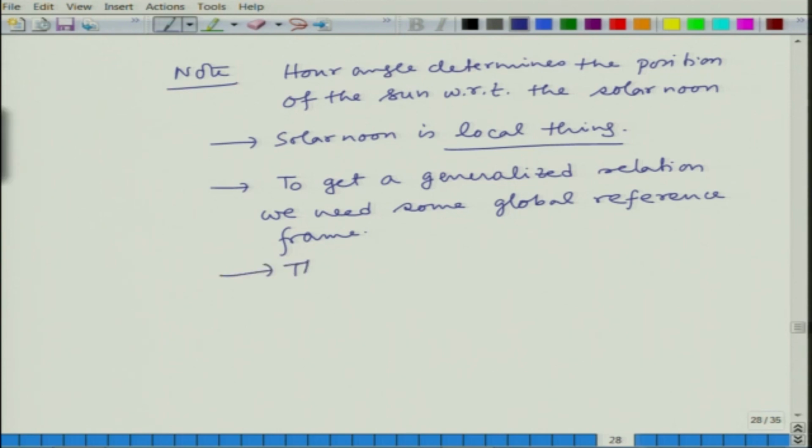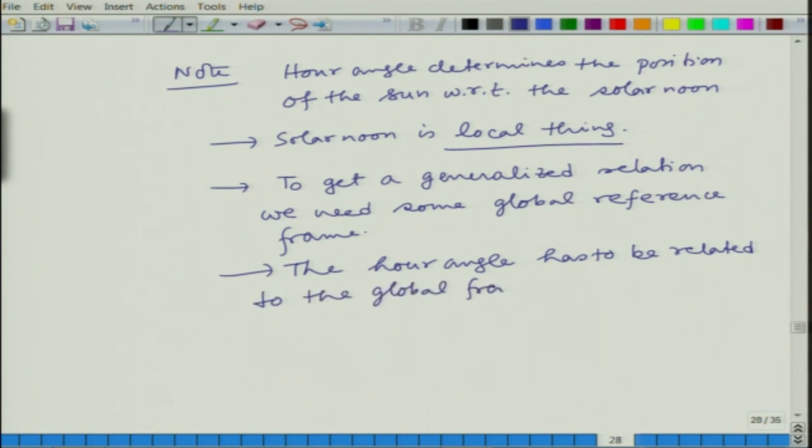So, the hour angle has to be related to the global frame. And what is that global frame? It is the north or south direction or east or west direction. These are global things. Even if you are here, when you say you are looking at south, you are looking at the south pole of the earth, right. So, that is the direction of south. So, that is the global reference frame.